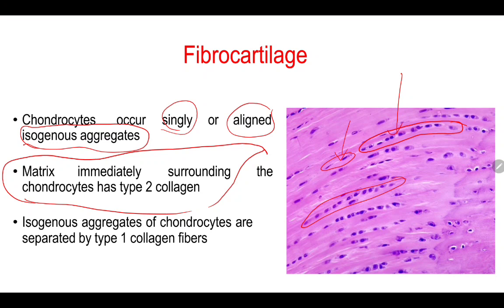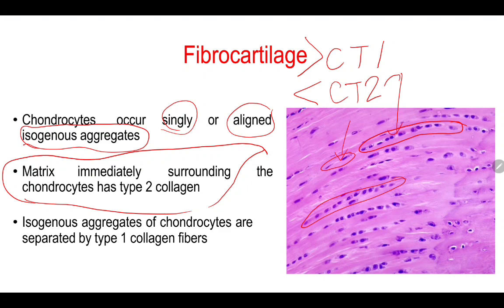Therefore, we can conclude that fibrocartilage has abundant collagen type 1 and contains small amounts of collagen type 2. Saan nga makita ang collagen type 2? Sa matrix ng ating chondrocytes. Sa matrix ng chondrocyte natin, nandiyan ang collagen type 2. The collagen that separates them together is the collagen type 1. Okay, so I hope naintindihan ninyo, no?